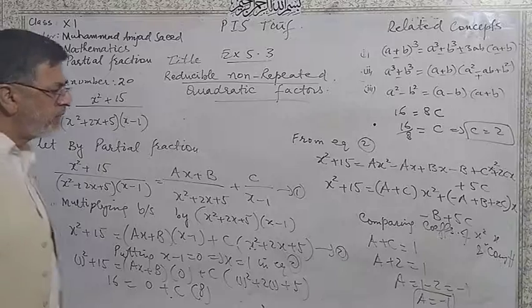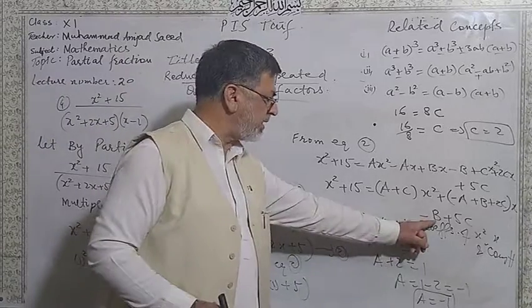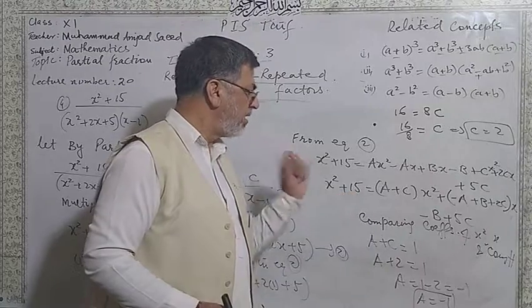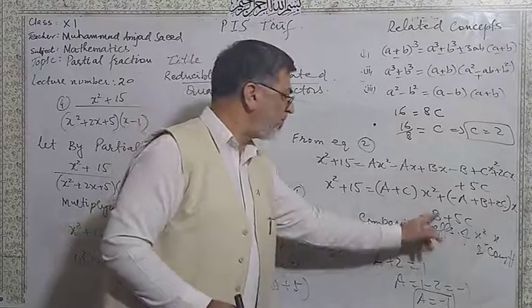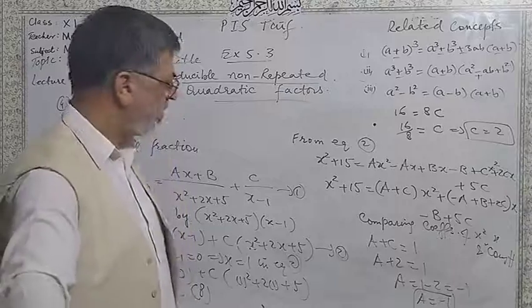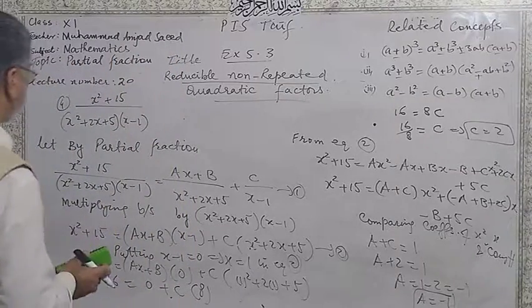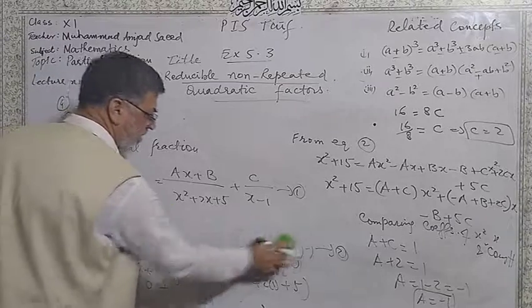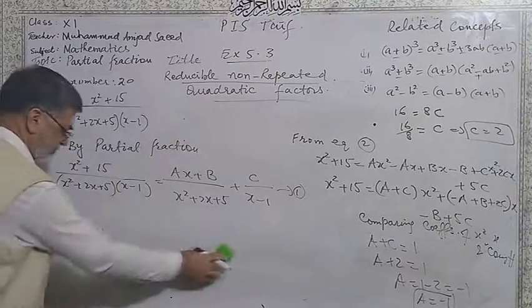After that, you can write down constants. Minus b plus 5c is 15. By putting c, we will find b. Our requirement is to find the values of a, b, c.